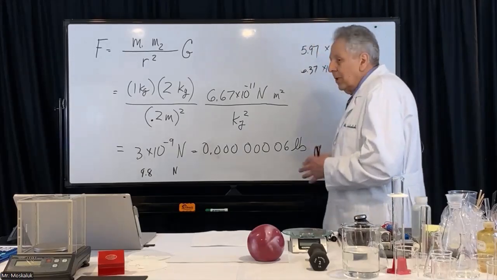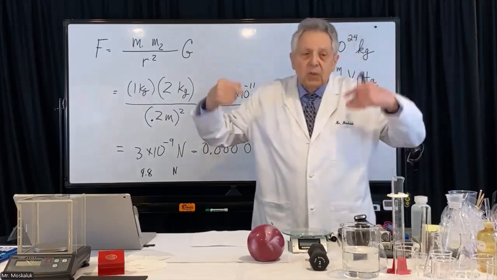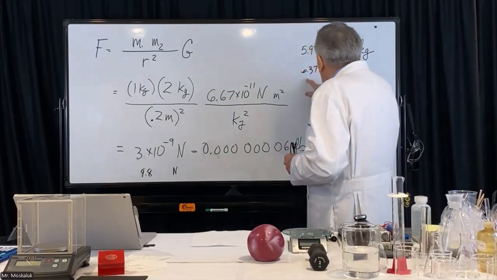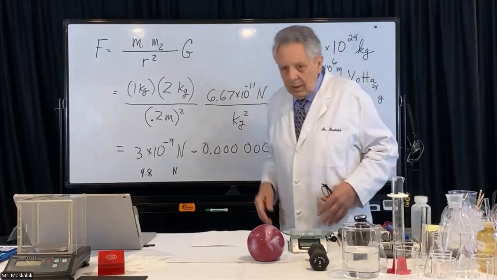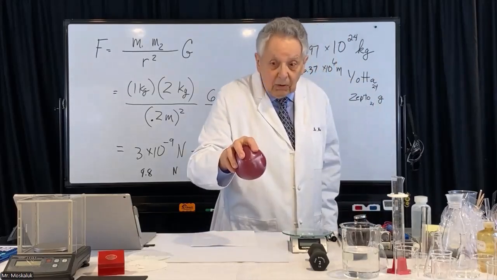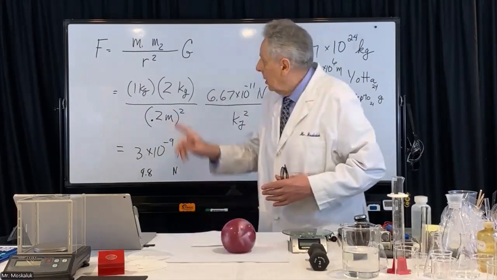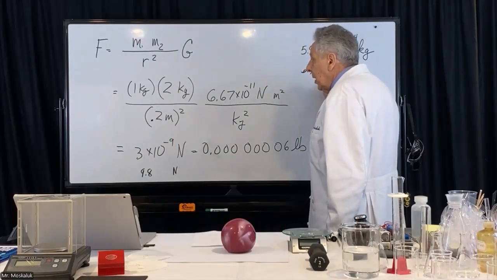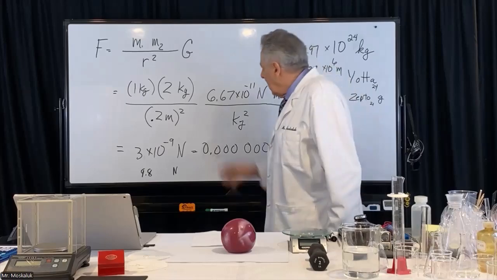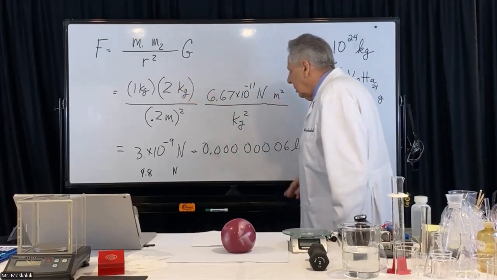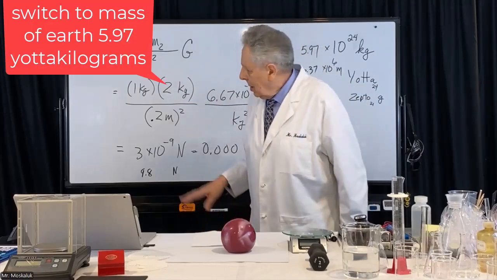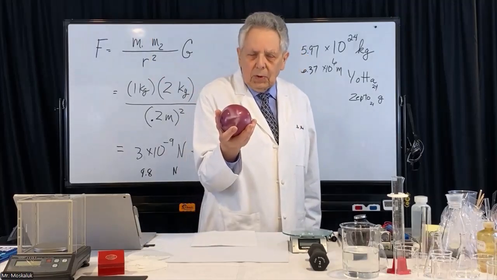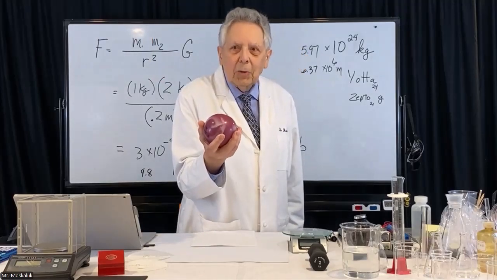The distance to the center of the Earth, because this always goes from the center of objects. That's another story all by itself. If you put in the distance from this to the center of the Earth, 2 kilograms, the Earth, this distance to the center, and you multiply all this out, you get 9.8 newtons, 2.2 pounds, the equivalent of a kilogram.